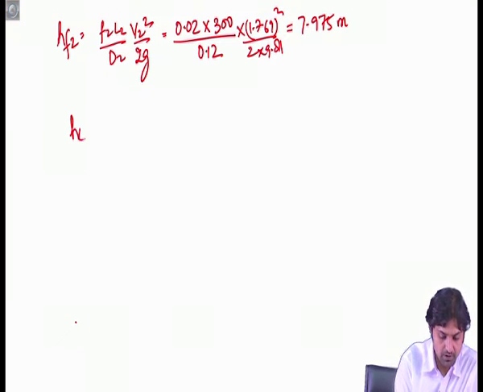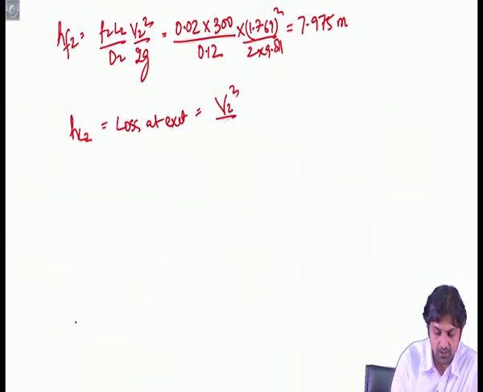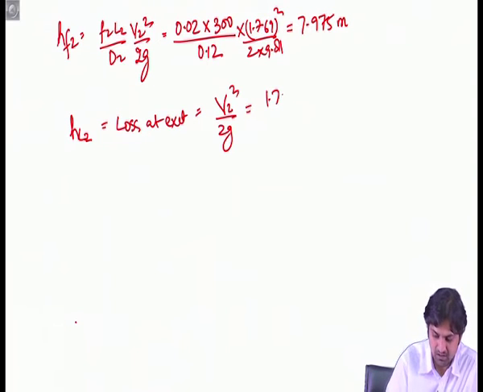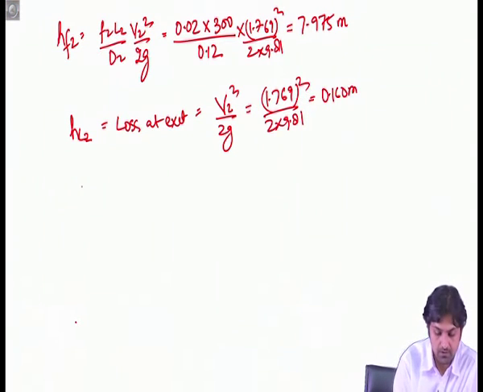Similarly, there will be a loss at exit, and at exit it's simply V2 square by 2G, because K here is 1, so 1.769 squared by 2 into 9.81.